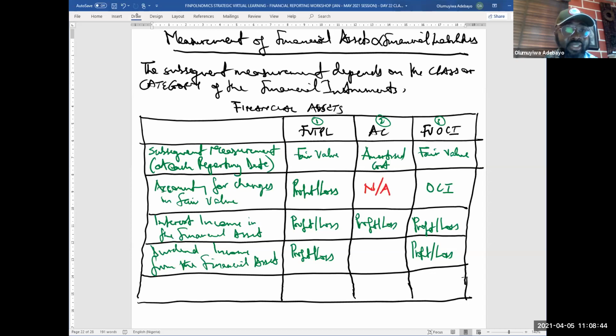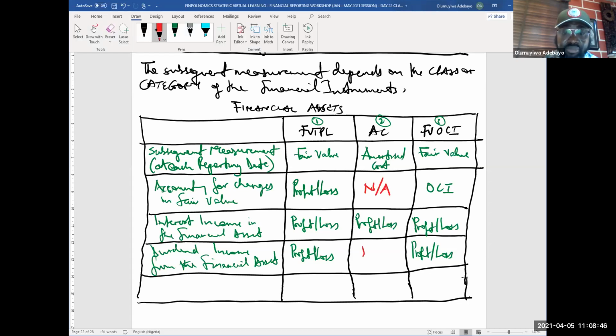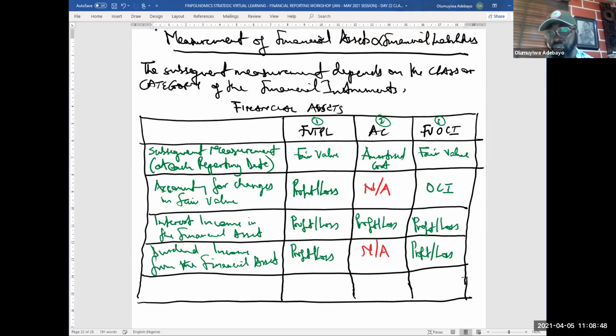Why is it not applicable to amortized costs? Who can explain why it is not applicable to amortized costs?